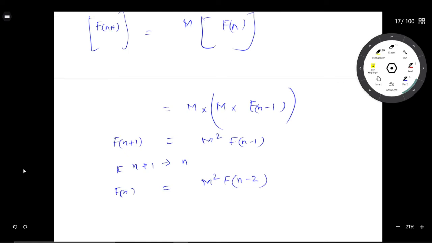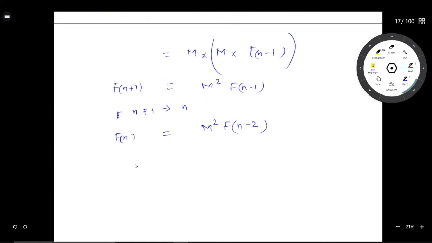Okay, so now here what we will do, that n minus 2, that is equal to, now this is our formula. Okay, and we will further expand like that, that is equal to m cubed into f of n minus 3.